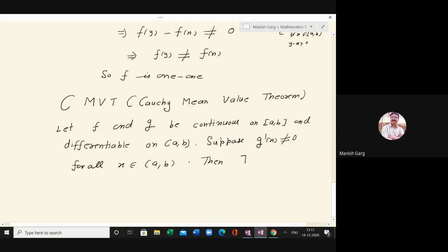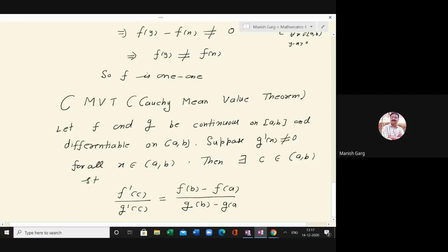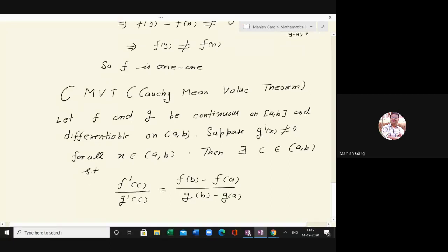Then there exists c between a and b such that f dash c over g dash c is equal to f(b) minus f(a) over g(b) minus g(a). So this is the Cauchy mean value theorem.